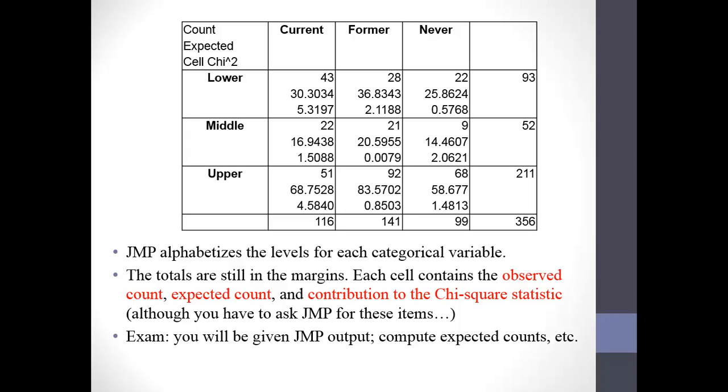We still have our totals in the margins, but now each cell contains 3 things: the observed count, the number that you actually entered in; the expected count; and the contribution to the chi-square statistic. The default does not give you all 3 of those things, but you are able to find them by clicking on the little red arrow. I think it's one of those kinds of things.